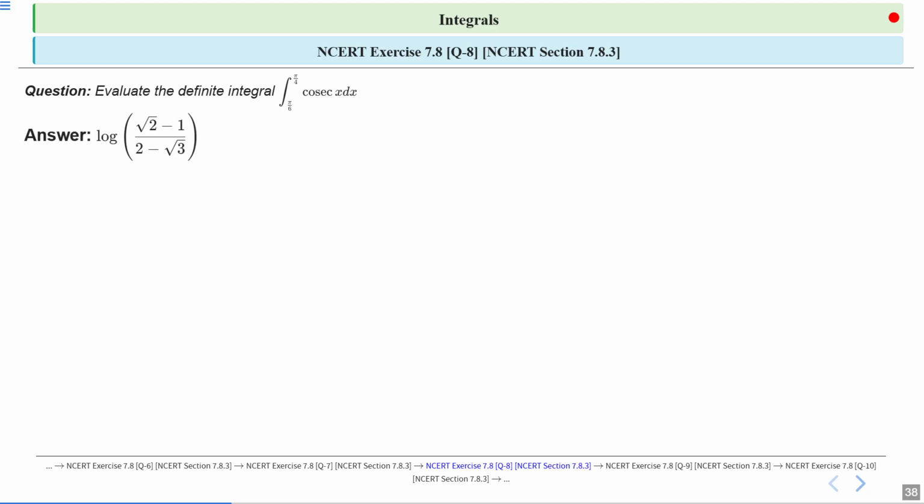The answer is log of root 2 minus 1 by 2 minus root 3.